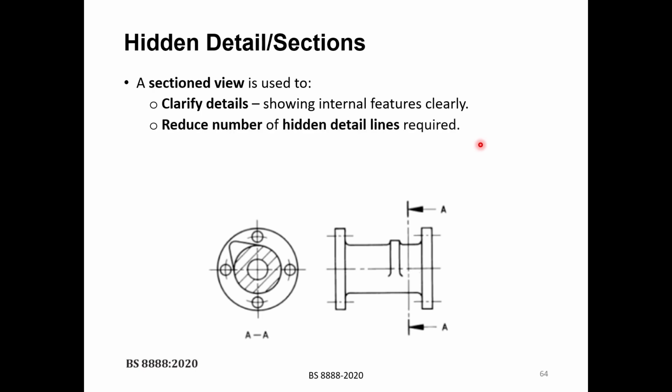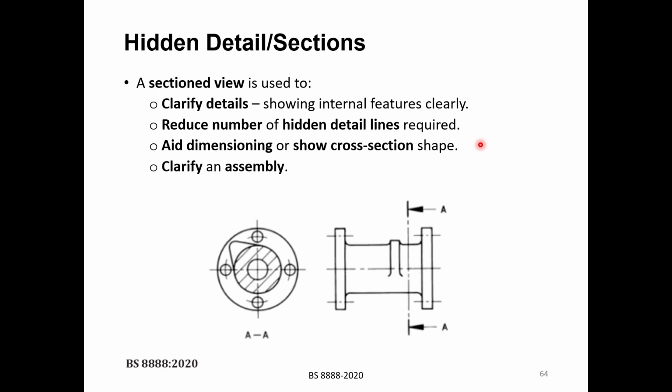It reduces the number of hidden detail lines, because otherwise we would have to draw hidden lines if we're not using the section. It helps us to dimension the component, because it's not allowed to dimension hidden lines. It also shows the cross section of the shape or of the component at this cutting line.